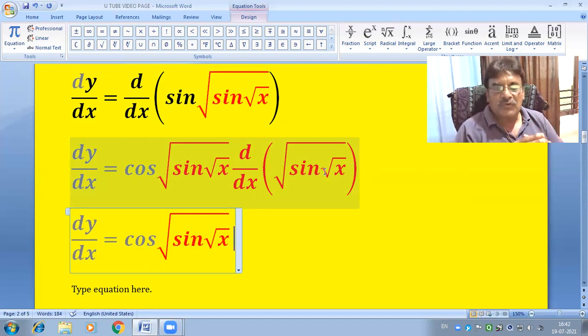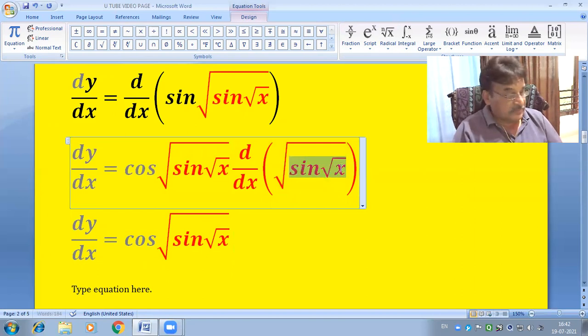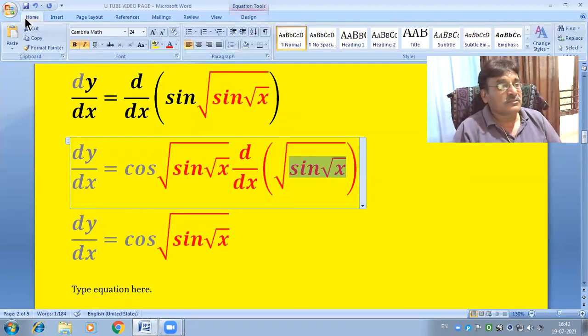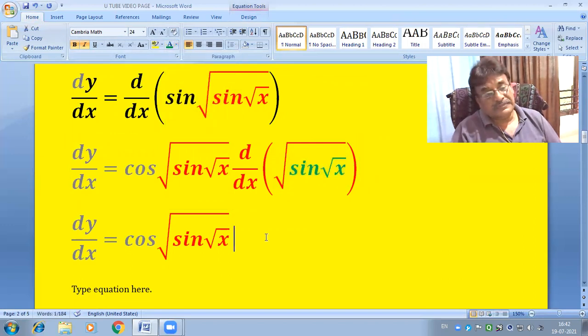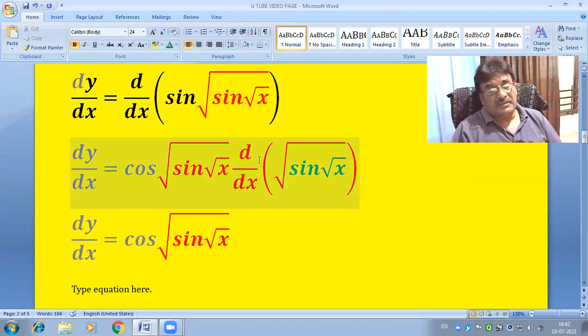So here we use the formula d/dx of √f(x) = 1/(2√f(x)) into f'(x), and f(x) is replaced by this green color function, that is sin √x. Use here the formula d/dx of √f(x) = 1/(2√f(x)) into f'(x), and f(x) replaced by sin √x.